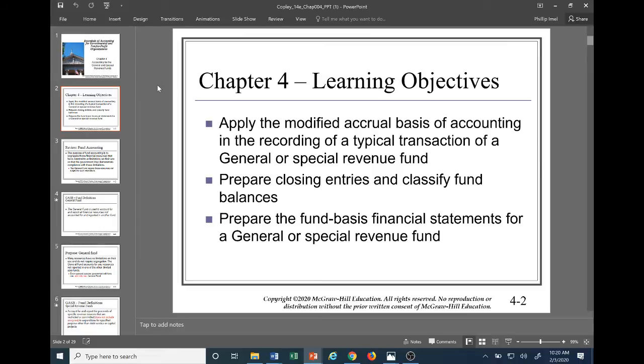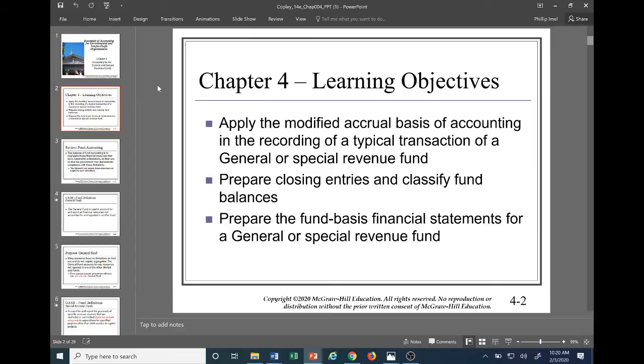But just recall, for the closing process, your operational ones, which are your revenues, expenditures, and stuff of that sort, your encumbrance accounts, and also your budgetary accounts need to be closed. Those are the accounts that will be affected by the closing entries.